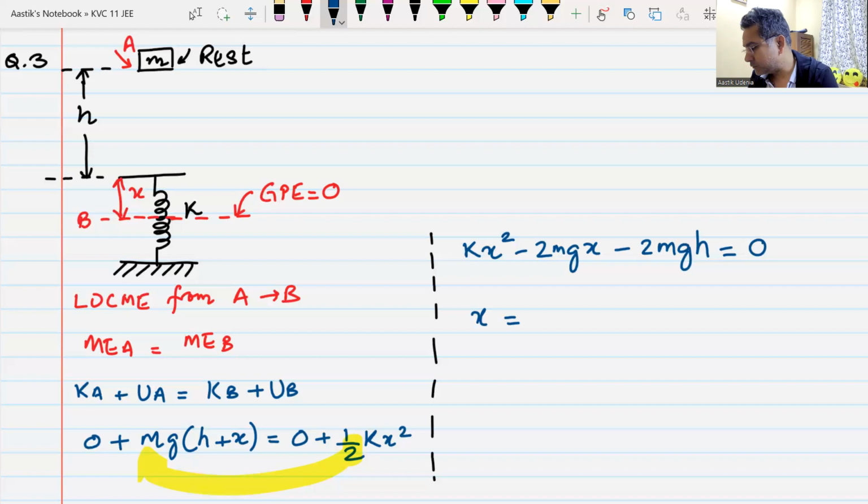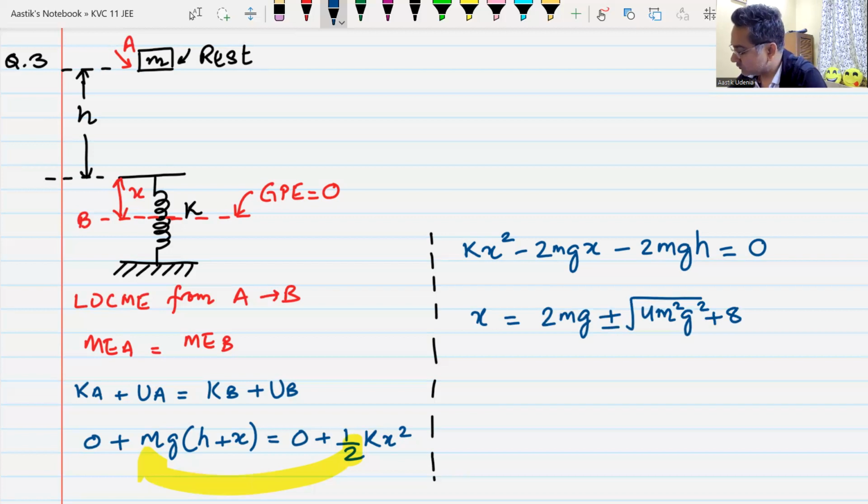2mg plus or minus under root 4m square g square plus 4kmgh by 2k, sir. 2mg plus or minus under root of 4m square g square plus 8mgh into k, divided by 2k.